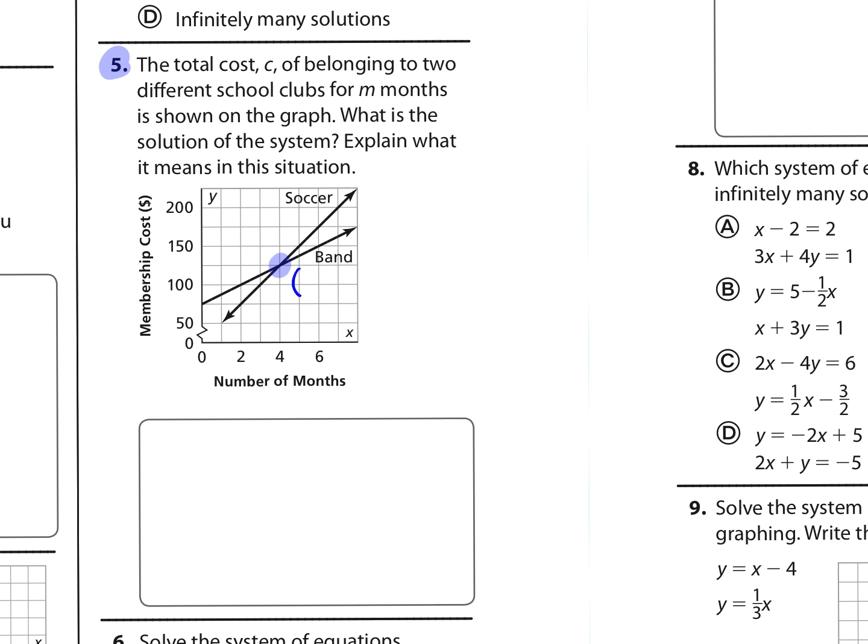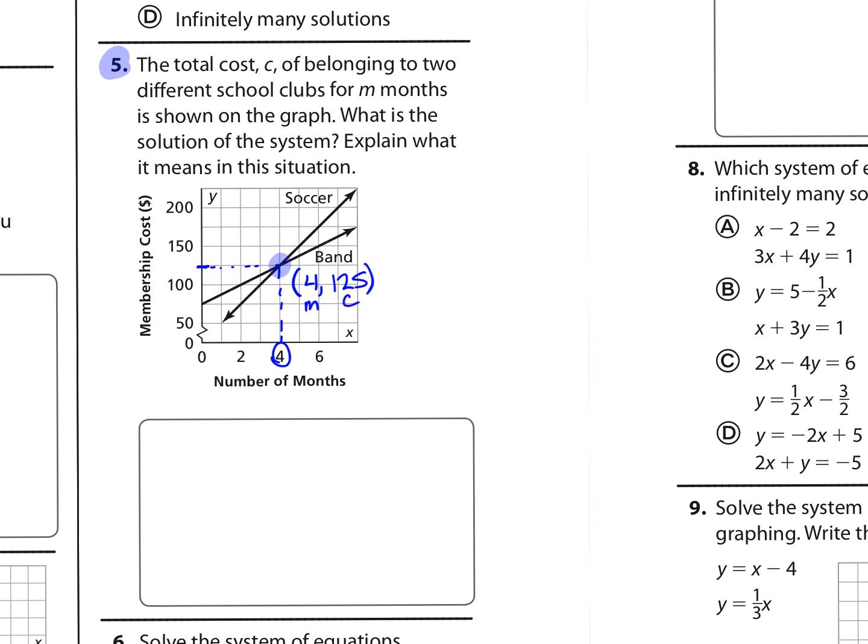And that would be at the point 4, 125. 4 came from the x-coordinate, and 125 came from the y-coordinate. And we also see that 4 is represented by the number of months, and $125 is represented for the cost.